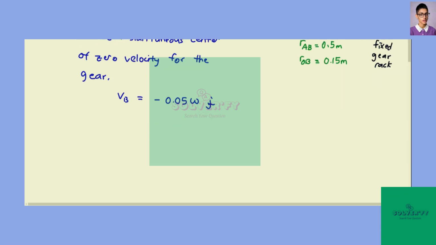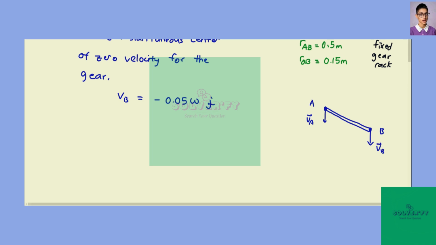Then if you look at our link AB, we have VB pointing downward, we have VA also pointing downward.